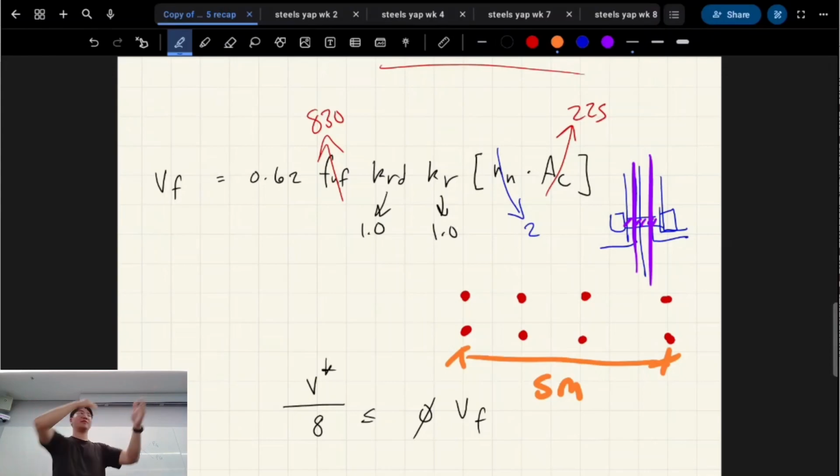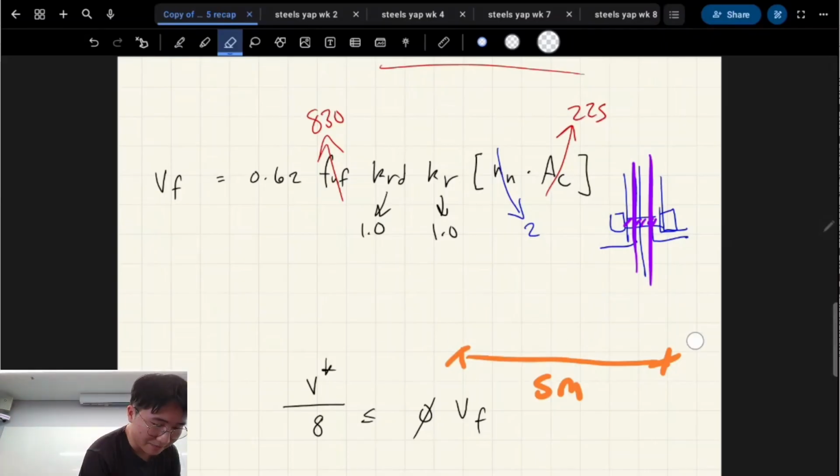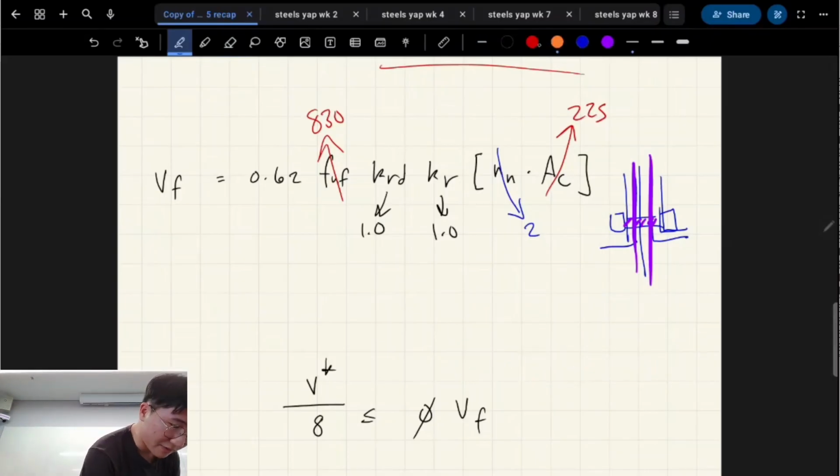Even though they're in parallel, at a certain point they start to contribute an uneven amount. This one might be contributing more, the other ones might be contributing less, etc. So there's a lap reduction factor. Again, we don't have bolts that are lapped at like 5,000 or whatever it was, so that is equal to 1.